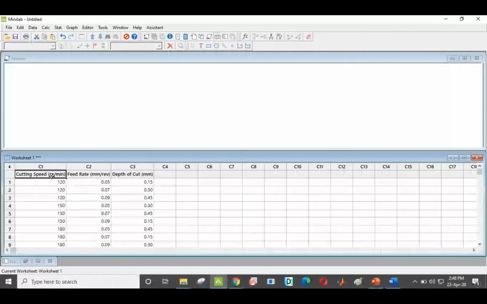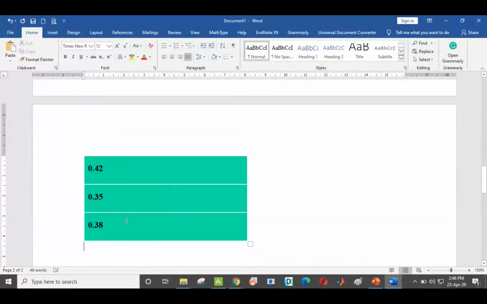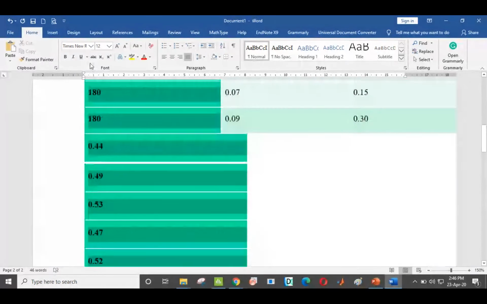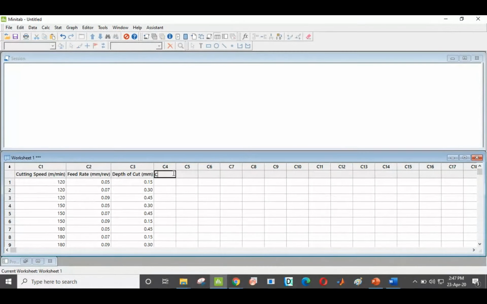Okay, these are my inputs and this is my output. What is the chip thickness ratio?